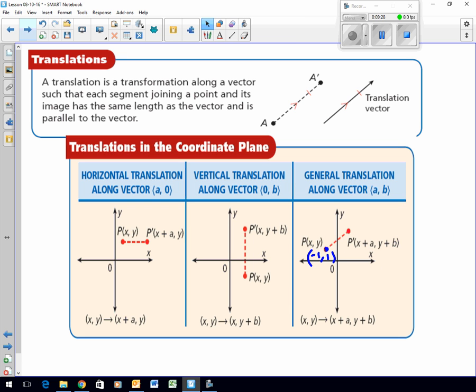I move point P 2 units to the right, 1, 2, and 2 units up. If I make a (2, 2) transformation, I go from this point right here, I move 2 units to the right, 1, 2, 2 units up, 1, 2. And I've got my particular change.